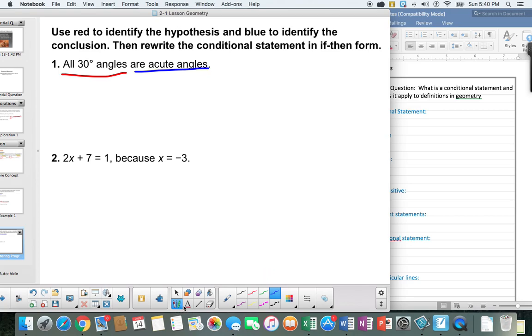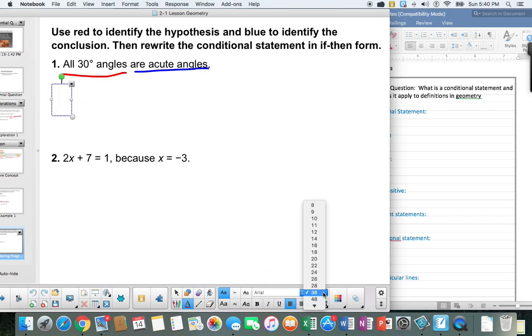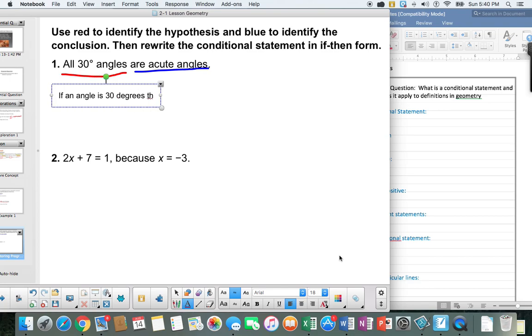So let's go ahead and write the if-then statement. And the if-then statement would be: if an angle is 30 degrees, then it is an acute angle.